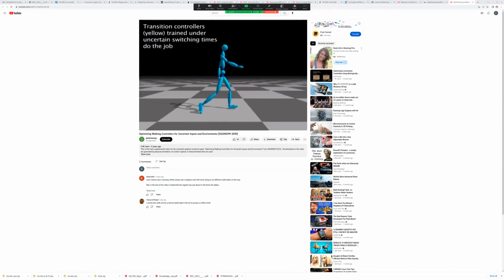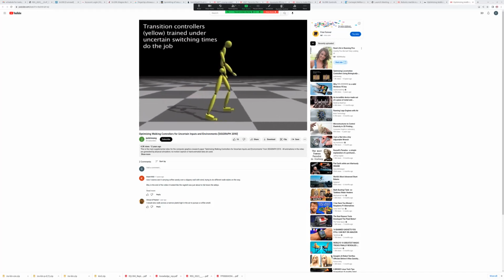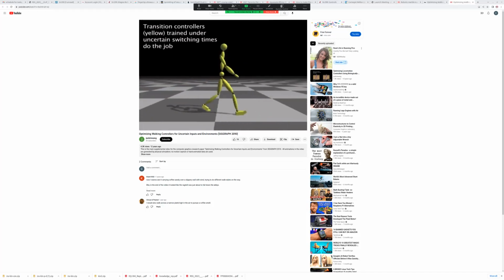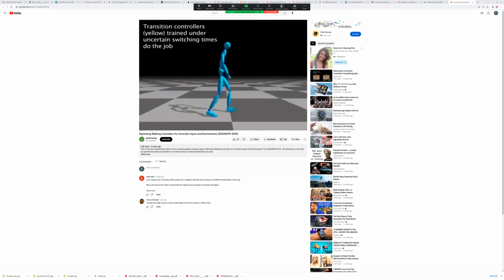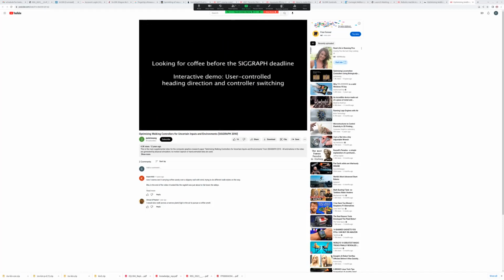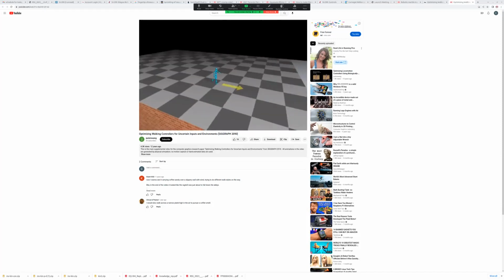So we have two styles here. One is make one controller that works for everything. That's called a robust controller. And the other is make a bunch of controllers that handle different situations and switch between them as needed.